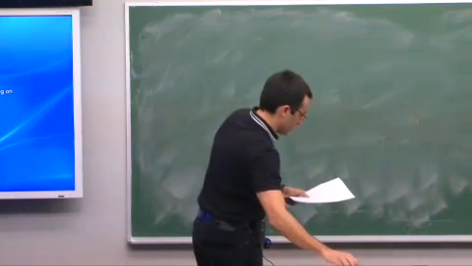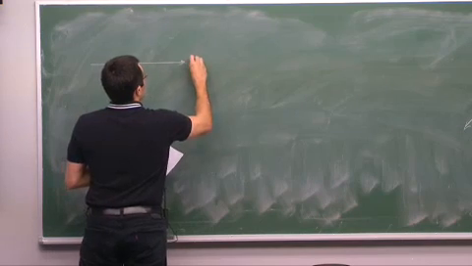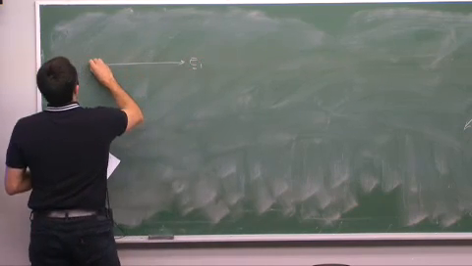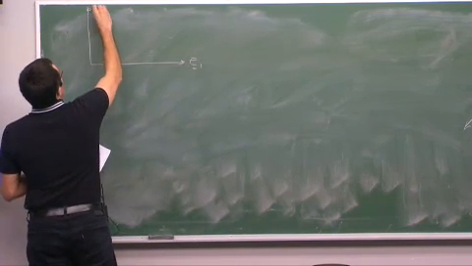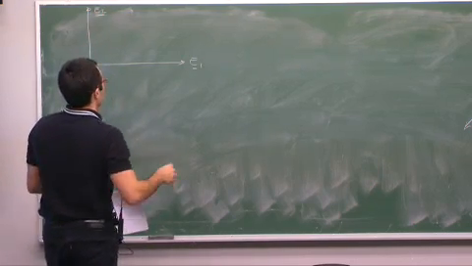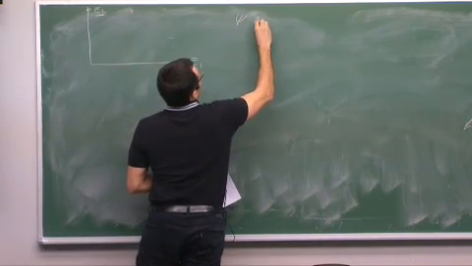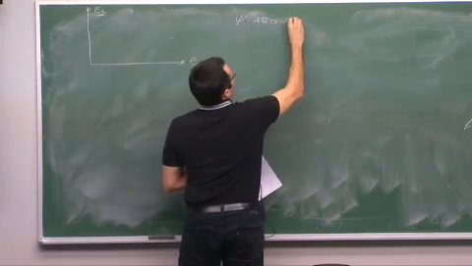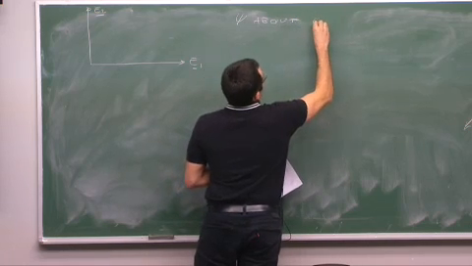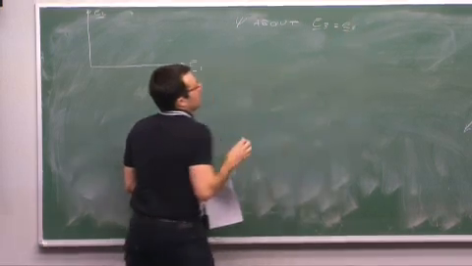OK, so if the first rotation is about E3, what I see in the plane E1, E2, and let's call that angle psi. So this is rotation of an angle psi about E3, which is the same as little e3 at the beginning.